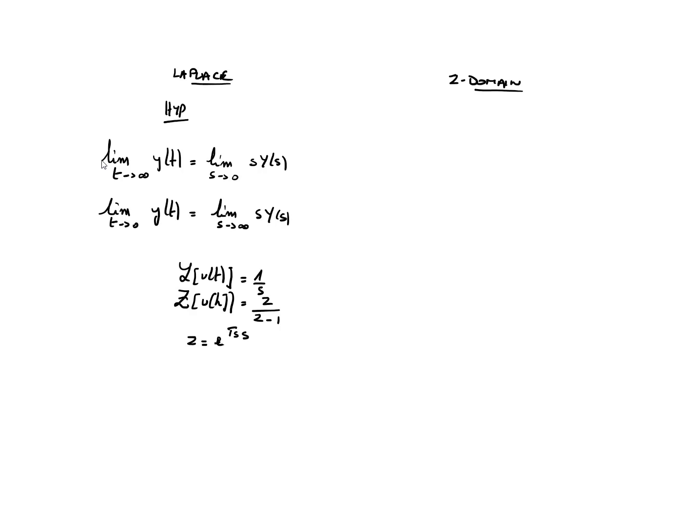The limit will be when k tends to infinity of the sequence y of k. When s is going to 0, you can see over here that z is going to tend to 1.